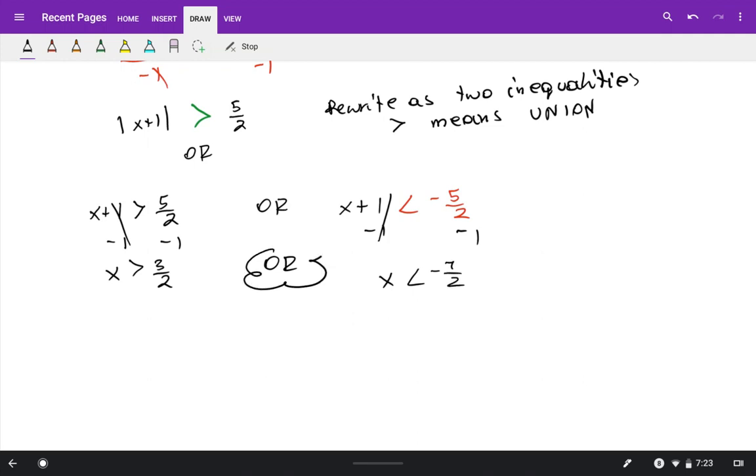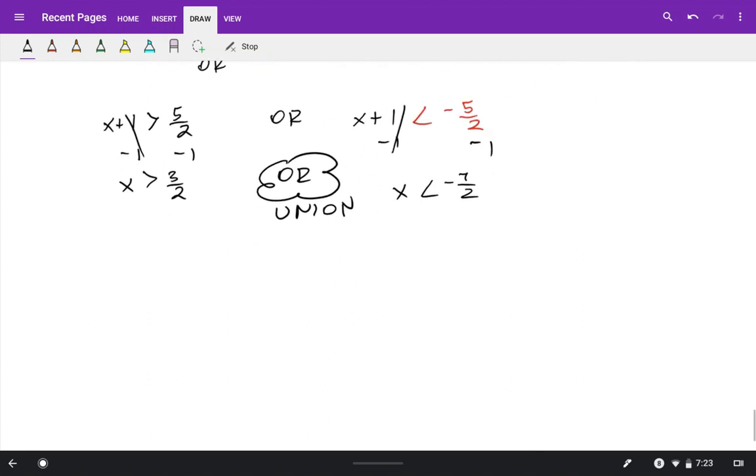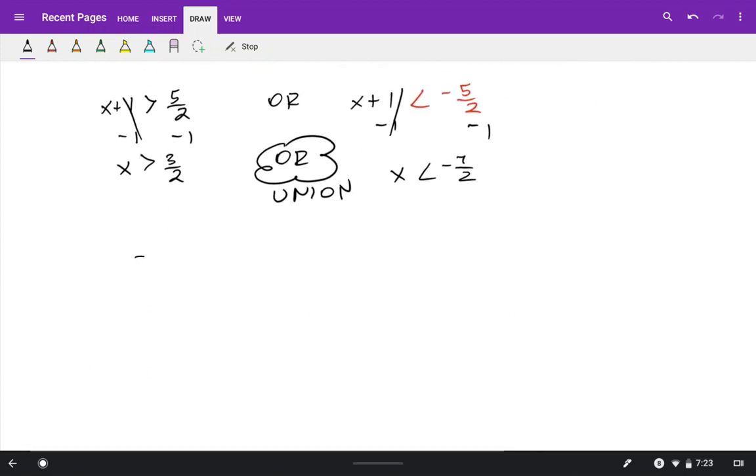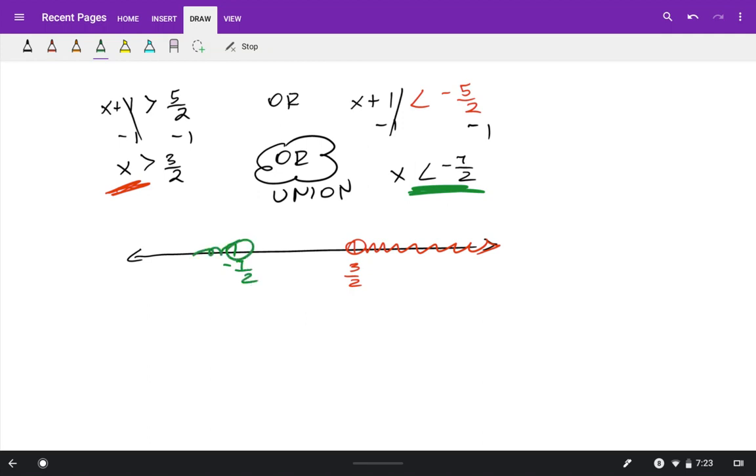So or means union. When we solve two inequalities, we're going to graph them together on the same number line. The first one is in red, x greater than 3 halves. So I'm shading everything to the right. The second one will be in green, x is less than negative 7 halves. So I'm shading everything to the left.